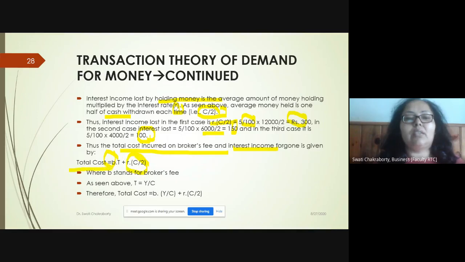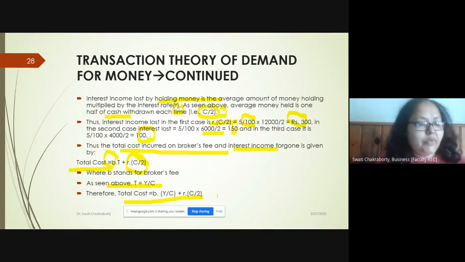That gives you the total cost. We know that T is denoted by Y by C, so instead of T, we can substitute Y by C. So the total cost is B into Y by C plus R into C by 2.